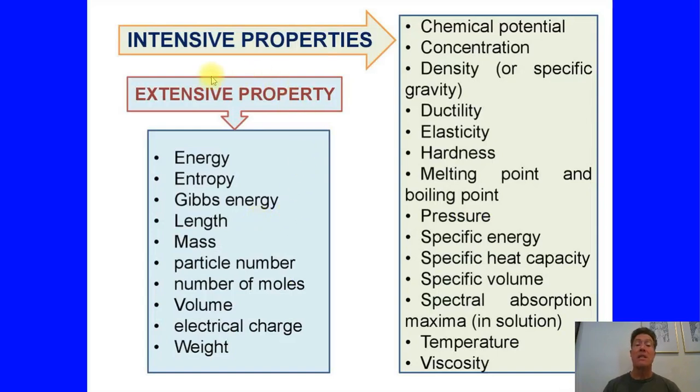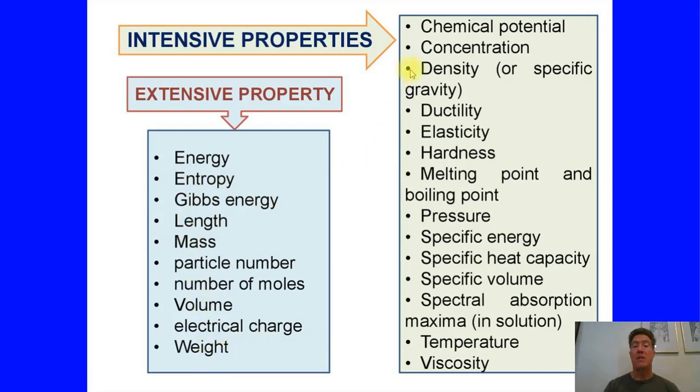Now, this is different from extensive properties, which do depend on the amount of material you have. If you combust a larger amount of propane, for example, you're going to release more energy. So extensive properties, we use those when we're doing energy calculations, when we're calculating entropy, when we're calculating Gibbs free energy: mass or length or volume or anything like that.